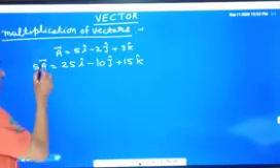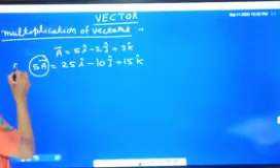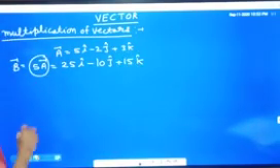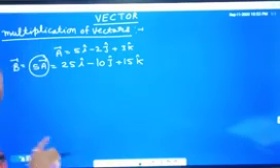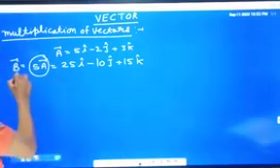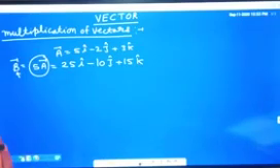Okay, then this becomes another vector, b vector. Direction of a vector and b vector are same, but the magnitude of b vector is 5 times the magnitude of a vector. This is normal multiplication.